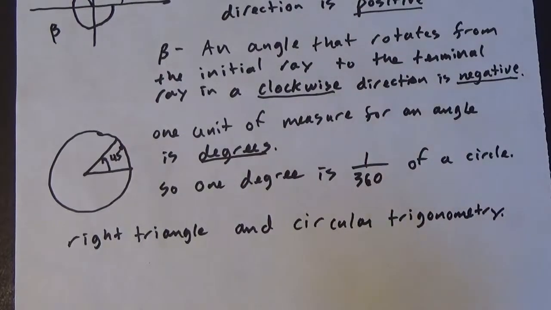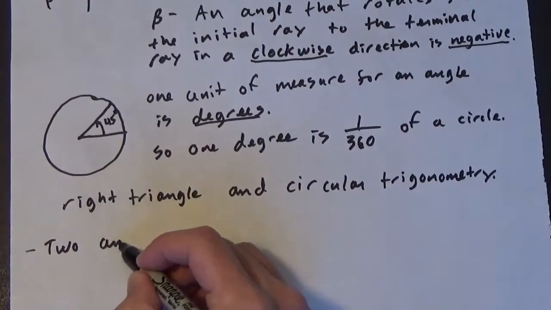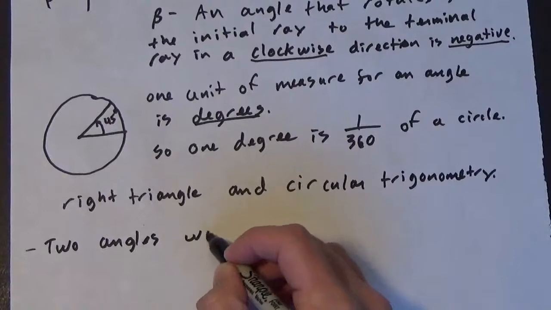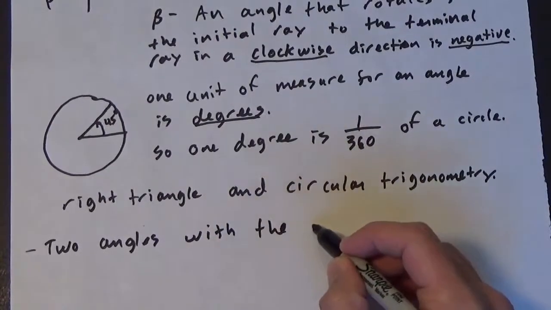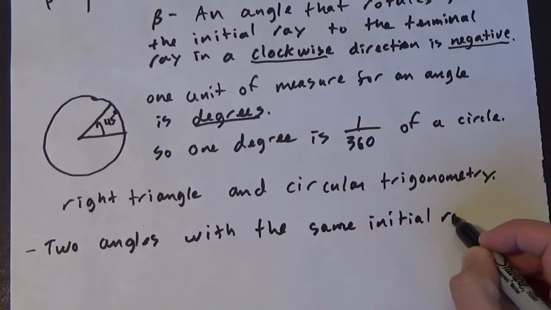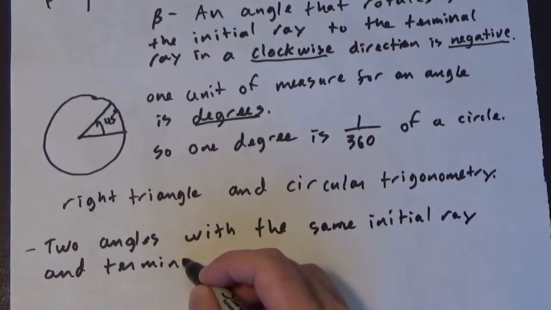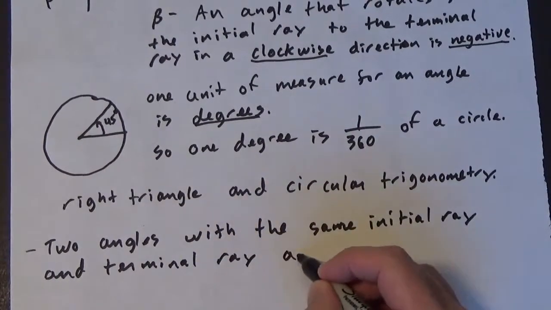Now in circular trigonometry, we can represent the same angle with infinitely many angles. Two angles with the same initial ray and terminal ray are called coterminal angles.